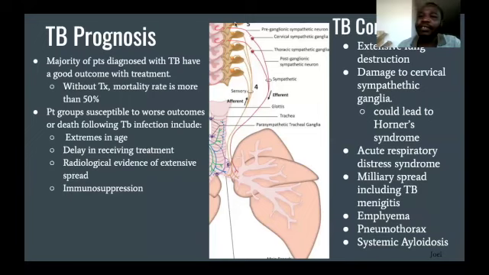Complications are extensive lung destruction, damage to cervical sympathetic ganglia, which could lead to Horner's syndrome, acute respiratory distress syndrome, and miliary spread, including TB meningitis.